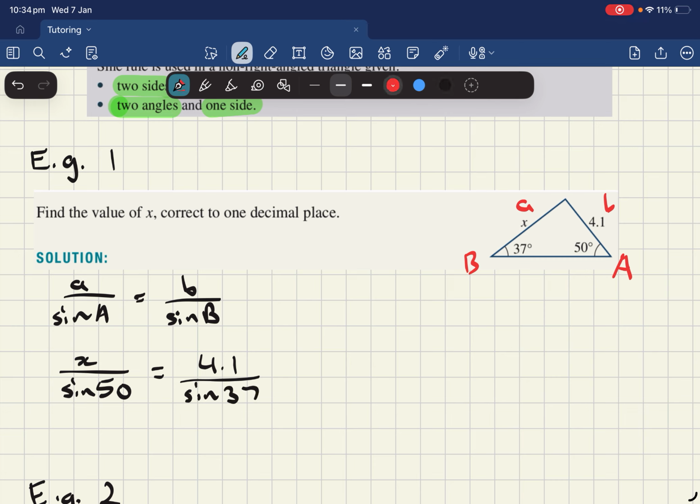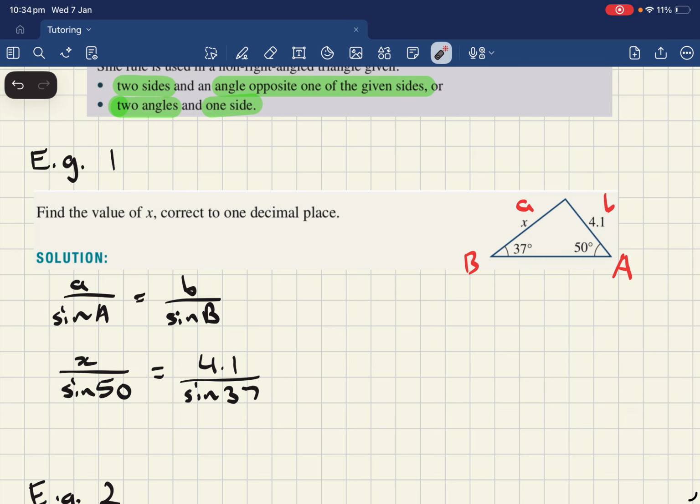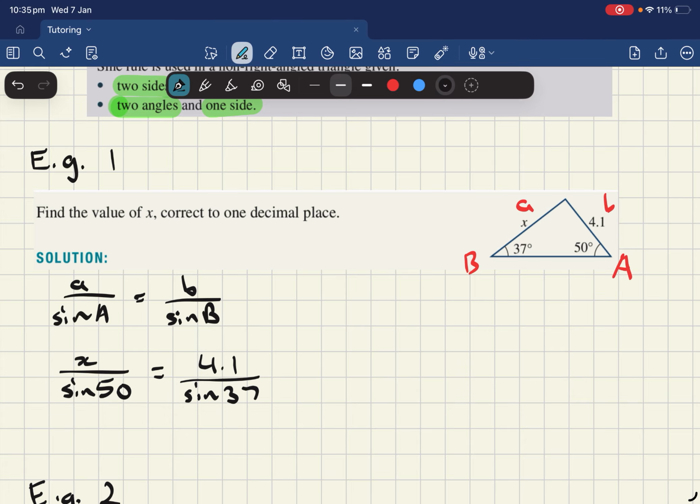Now, all we have to do here is find x. We know that it's dividing by sine 50 to give this. So we just do our inverse operation. The opposite of dividing by sine 50 is multiplying. So to find x, we just want to multiply both sides by sine 50, which means that x is going to equal 4.1 over sine 37 multiplied by sine 50.